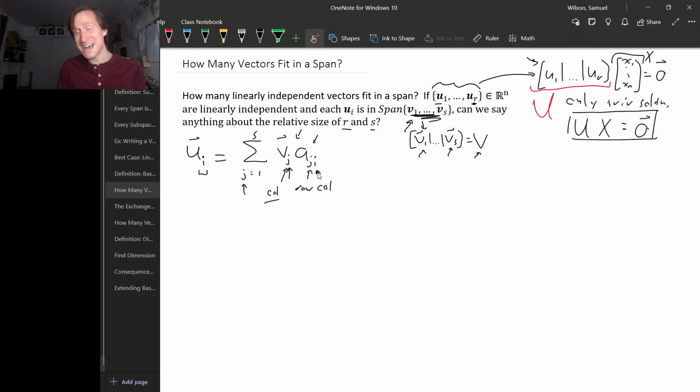Because of the way I have this set up, we can actually summarize this. This equation is actually r different equations. There's an equation for i equals 1, an equation for i equals 2, all the way down to i equals r.